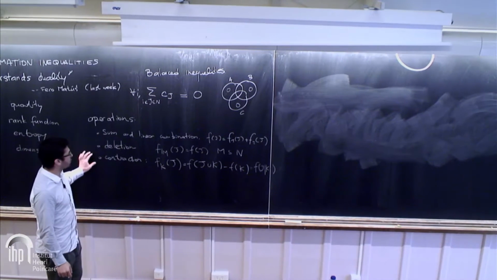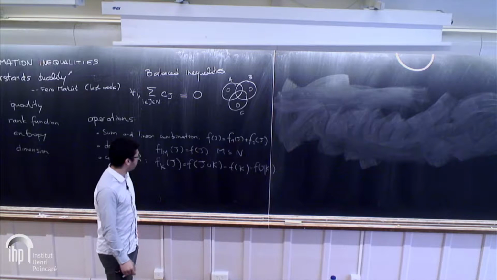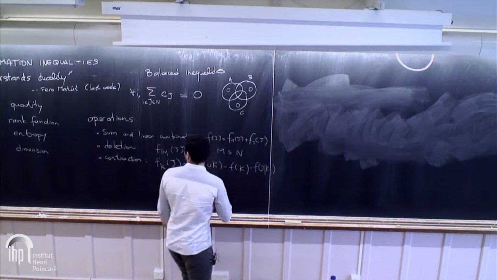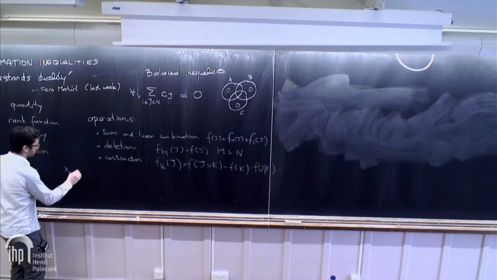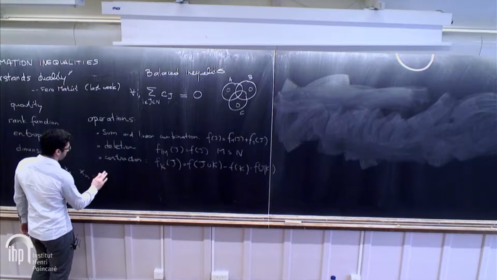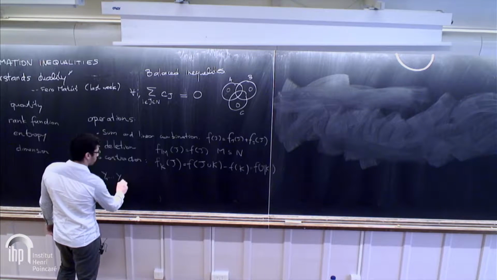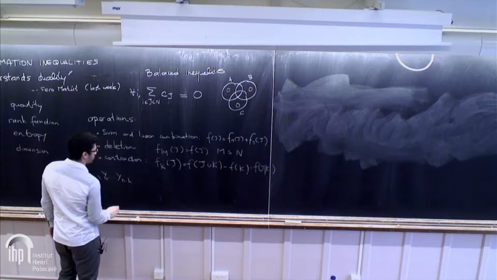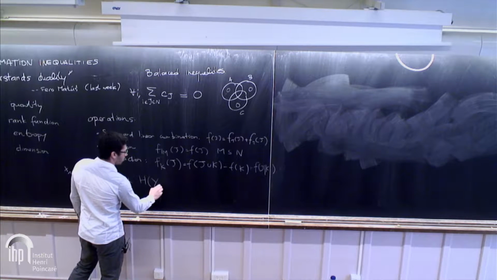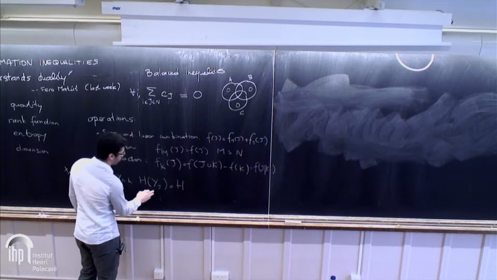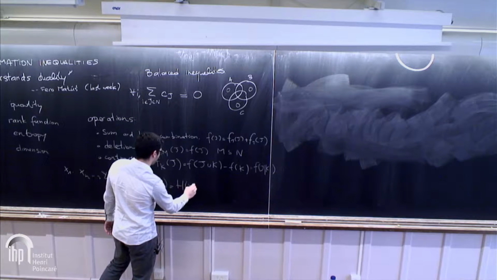For deletion, this is trivial. For contraction, it says that whenever we have some random variables x1 up to xn, then we can find y1 up to yn minus k, such that the entropy of yj is exactly the conditional entropy for x.